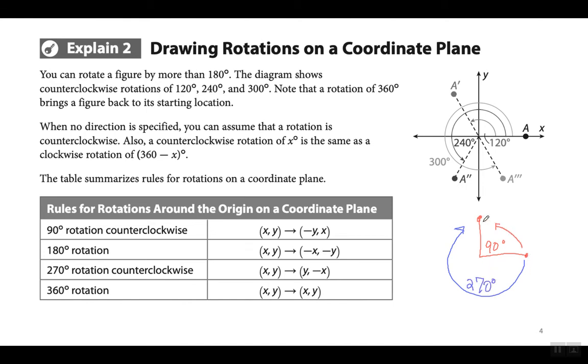So going to the left 90 degrees is the same thing as going to the right 270 degrees. How did I figure out that 270 degrees? All I'm doing is 360 minus 90 degrees, which gives me 270.